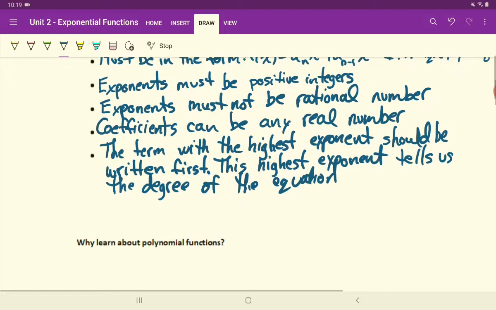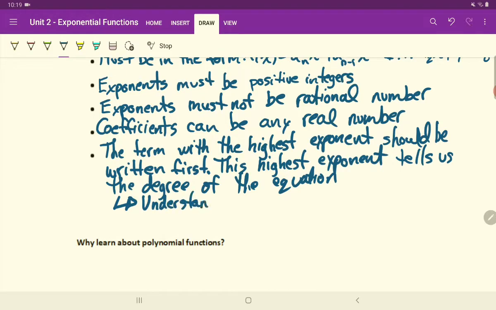This idea of knowing the degree, so understanding the degree actually helps us identify what the graph could look like.